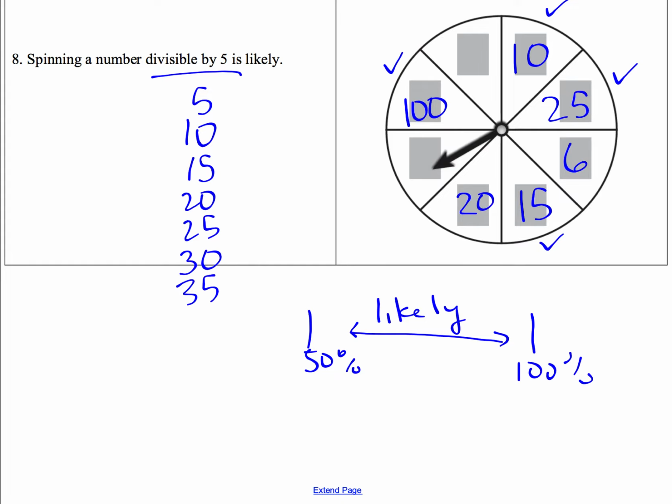Okay, we can fill in the rest with anything we want. We've already got a not 5, so whatever these end up being, it'll be okay. That gives me 5 out of 8, which is likely. I could have done 6 out of 8 being multiples of 5, or 7 out of 8. 8 out of 8, though, wouldn't work because that would go from being likely to being certain.